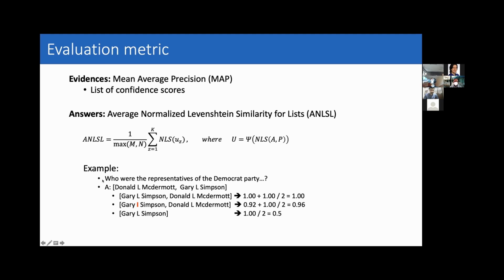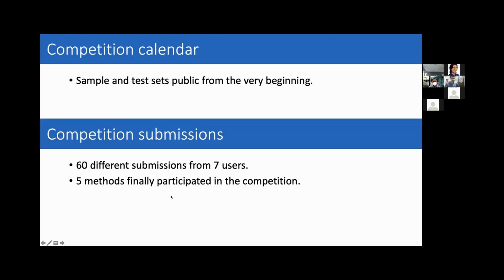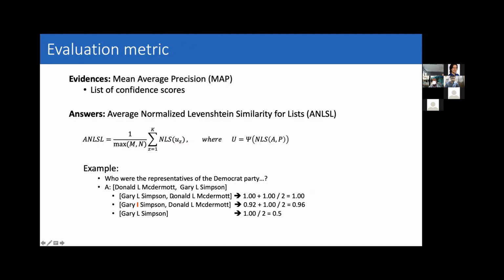For example, in this question, who are the representatives of the Democratic Party? If the answer is Donald McDermott and Gary L. Simpson, if the method correctly provides both names, but in a different order, it's fine because the order is not relevant for us.